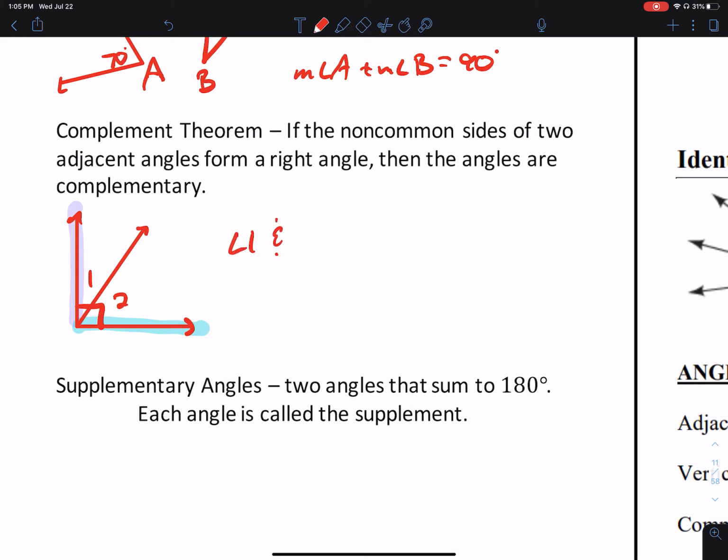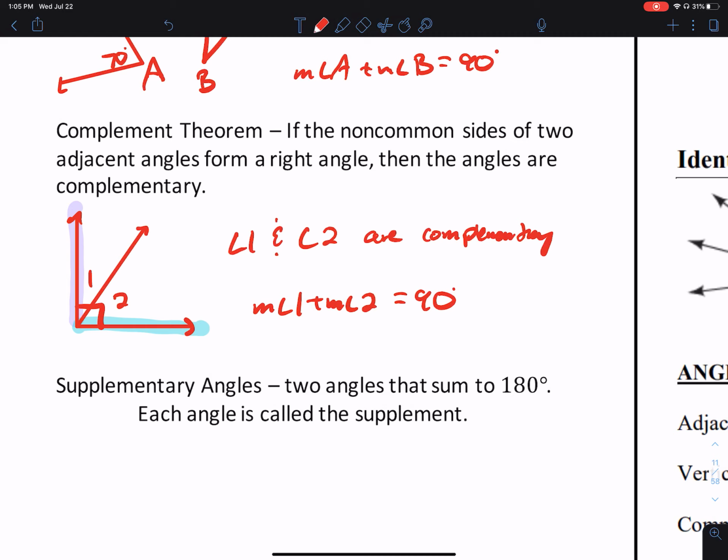Angle 1 and angle 2 are complementary, because the non-common sides, this is the common side, form a right angle. And what does that mean if they're complementary? Once again, it means if you add their measures together, you're going to get 90 degrees.